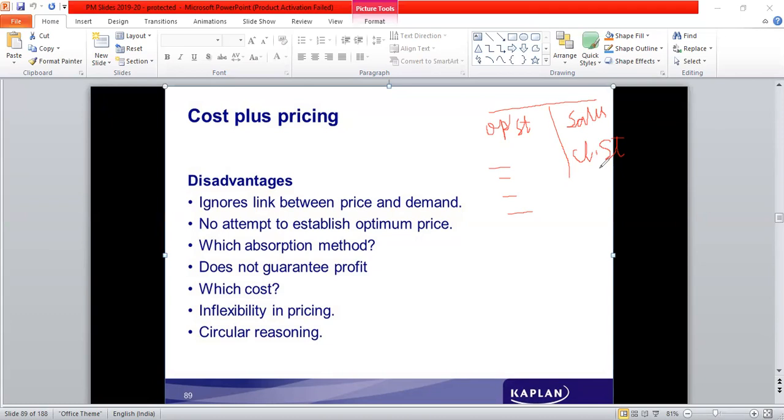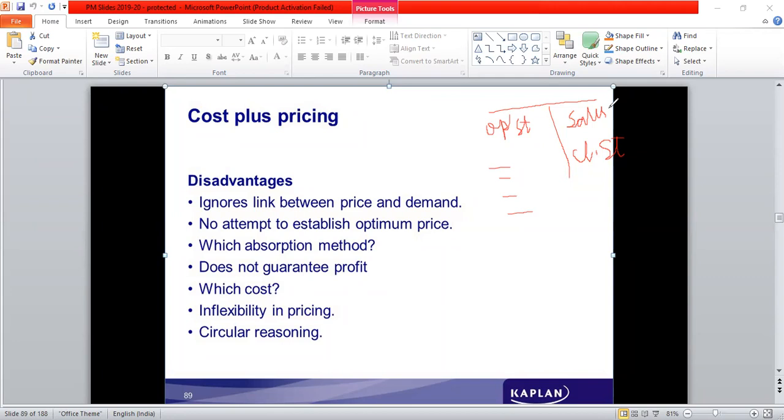When the closing stock is higher, the cost of production is opening stock plus the production cost minus the closing stock. So a higher amount is deducted, and the cost of goods sold is lesser. But in case of marginal costing, a lesser amount is charged to the closing stock. So the cost of production would be higher.